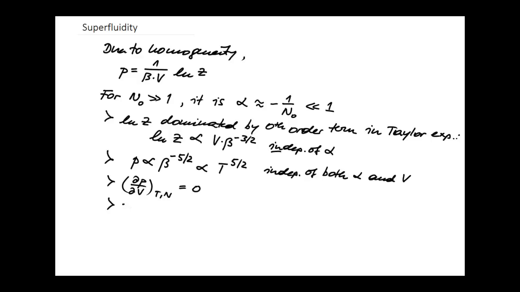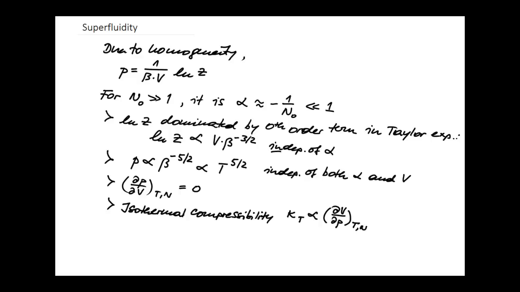And this implies that the compressibility, strictly speaking the isothermal compressibility, which we had encountered when we discussed thermodynamic stability, is kappa index T, which is proportional to the partial derivative of volume with respect to pressure at fixed temperature and particle number.